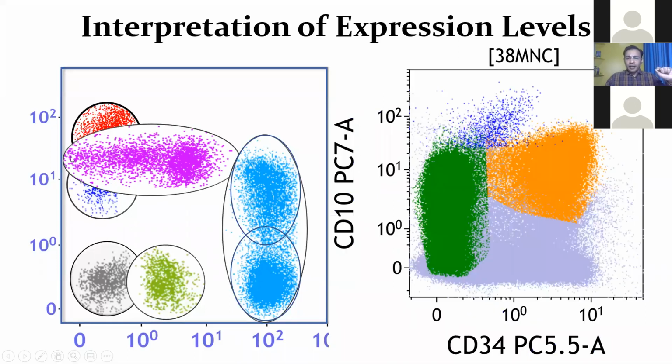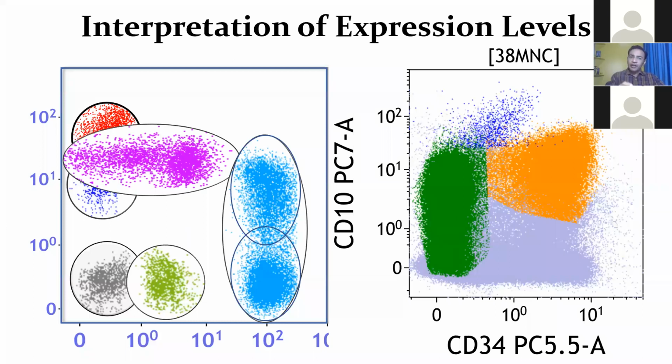And if an antigen expresses starting from negative to positive, the expression is variable. You cannot say either positive or negative. In that situation, we call it heterogeneous or variable expression. And this type of expression is very typical for certain diseases. For example, variable or weak CD20 expression is a very typical characteristic feature of CLL.